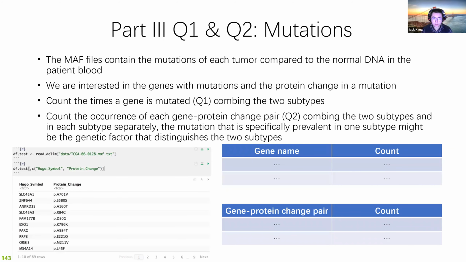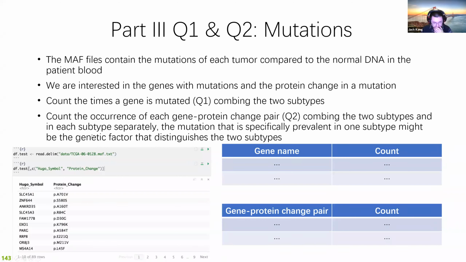So starting from part 3, we switch to identifying mutations in tumor samples. So in part 3, question 1 and question 2, we will provide you MAF files that contain the mutations of each tumor compared to the normal DNA in patient blood.